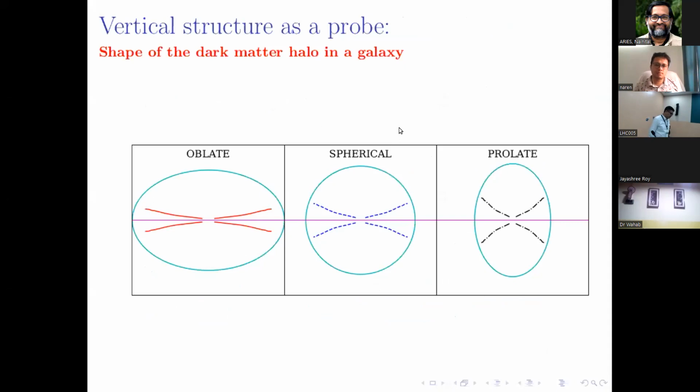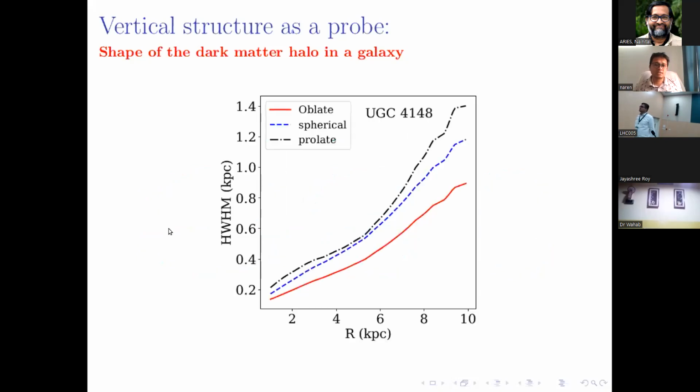Traditionally people assume dark matter is spherical, but if a different shape exists, like oblate, spherical, or prolate, then the gravity in the vertical direction would be different, and the vertical scale height profile would be different.